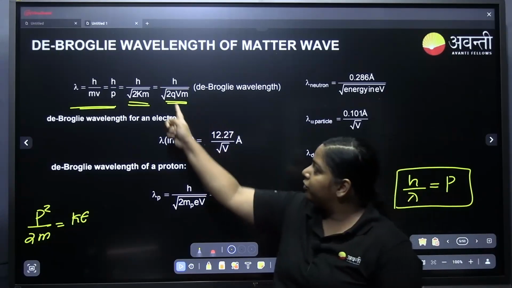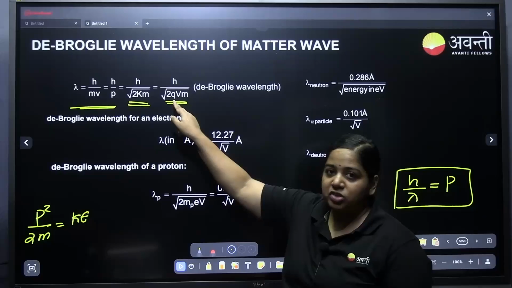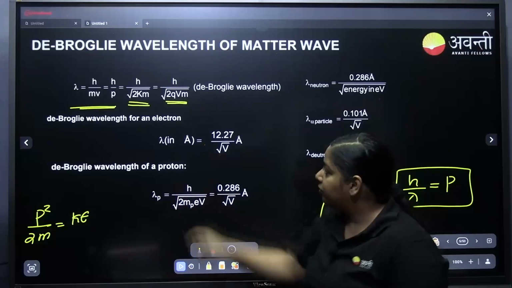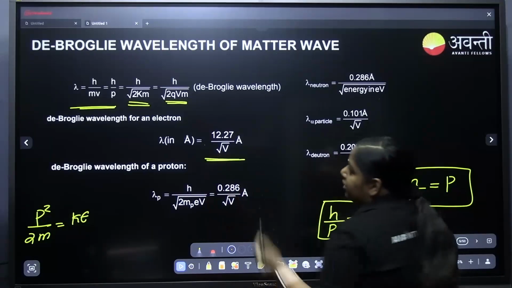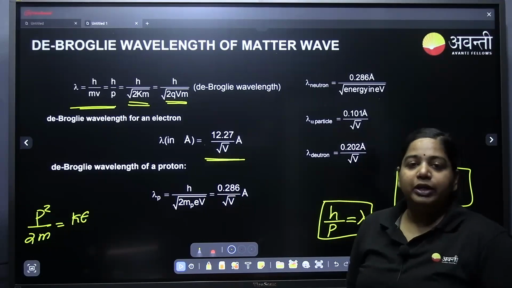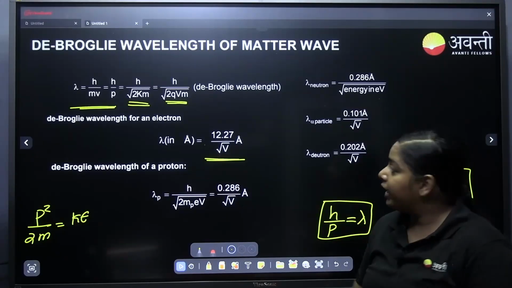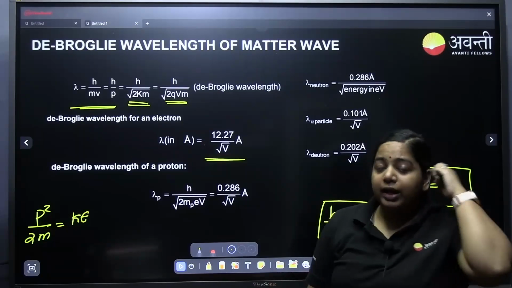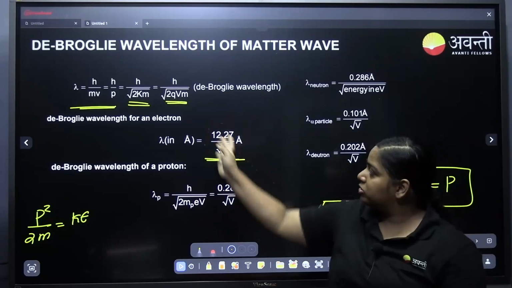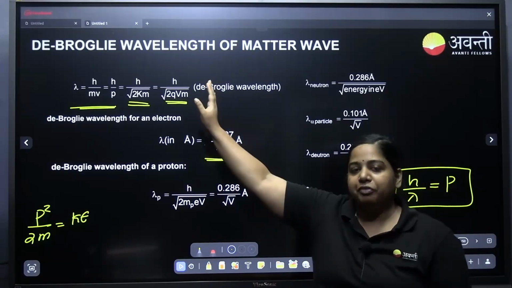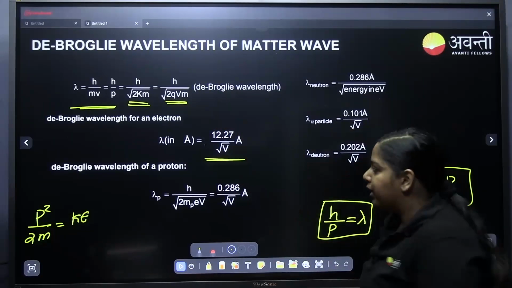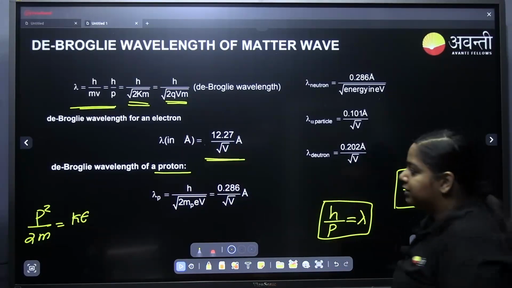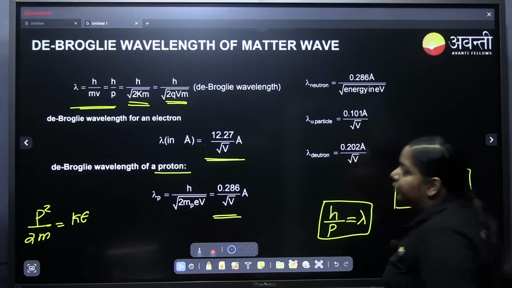Now for an electron, we know the charge of electron, we know the mass of electron, and h is a constant value. So we can get a constant formula, that is 12.27 divided by root V Angstrom. You don't have to memorize this, but if you are able to, then it's a good thing. Even if you are not able to, you have the formula, so you can calculate it at that time. For a proton also we know charge and mass, and substituting, we will get this value.